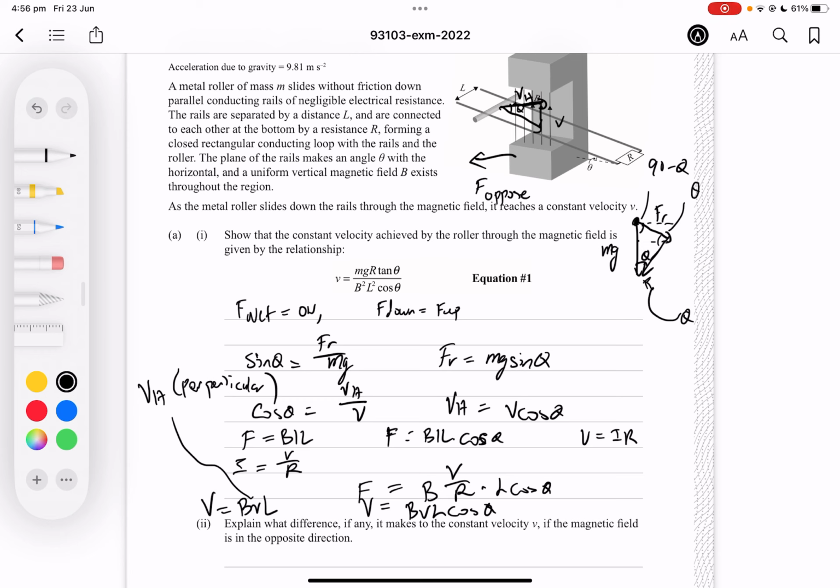And we can actually substitute that into our equation. So we have F equals B multiplied by V, which is BVL cos of theta, multiplied by L cos theta. Sorry, the space here is... They don't really give enough space, do they, for these scholarship papers, but it is what it is.